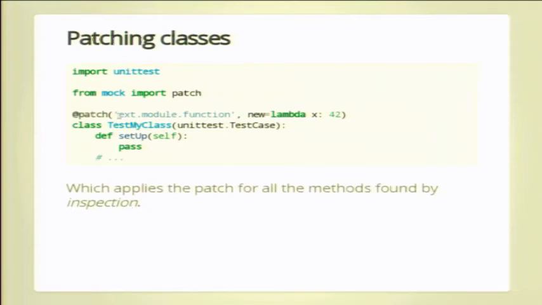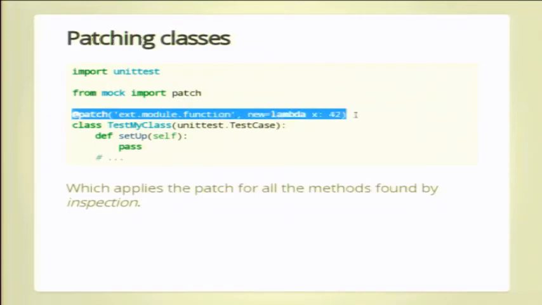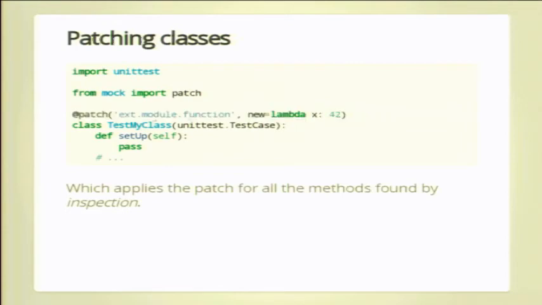Here, I don't want to run this x.module.function, and instead I want to run a lambda, a function that takes something and returns 42. But if I do it at this level, it will automatically inspect the class, all the methods, and patch all the methods of the class. So this is a very neat way to use for unit tests, for example.